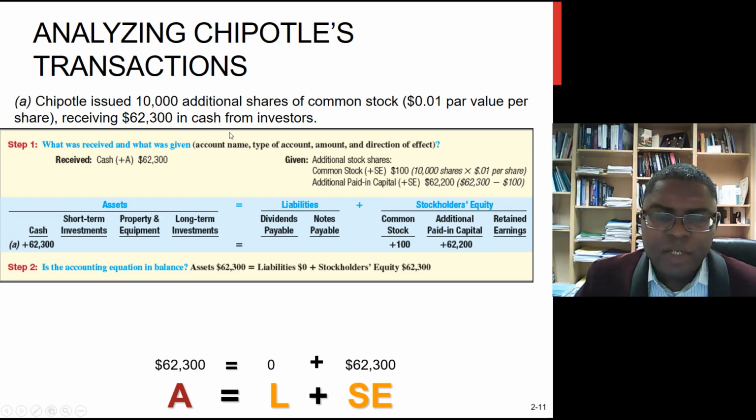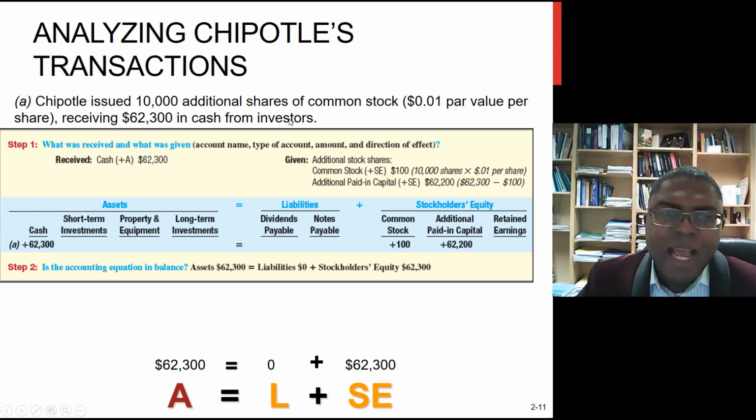So this transaction A, Chipotle issued 10,000 additional shares of common stock, receiving $62,300 in cash from investors.